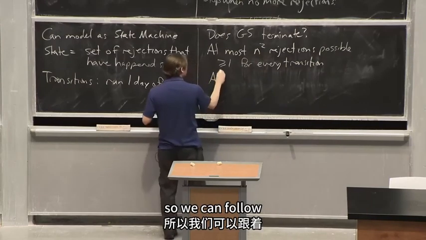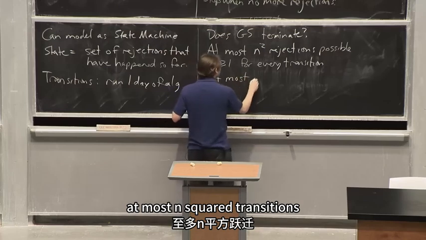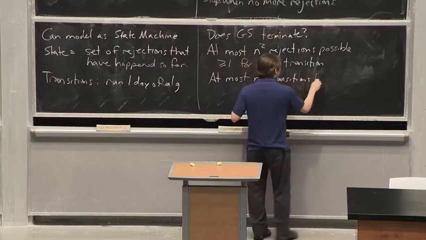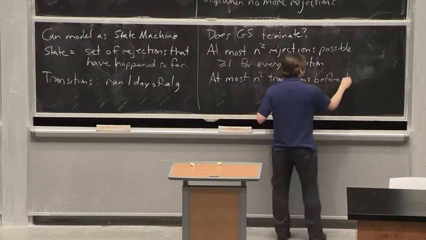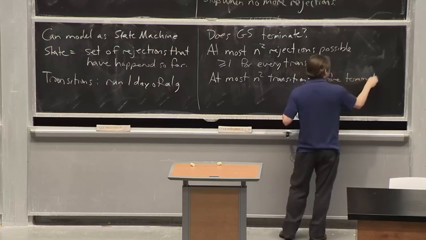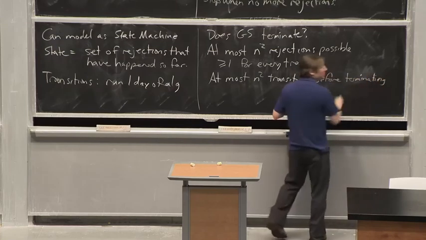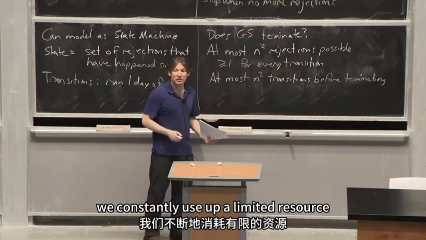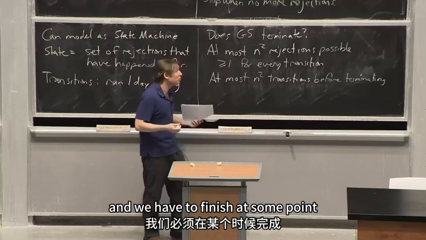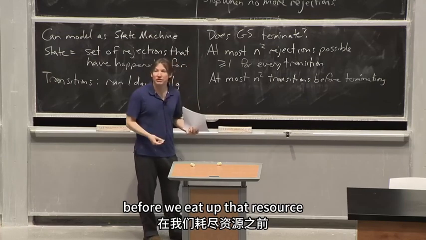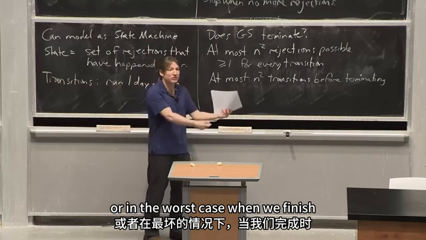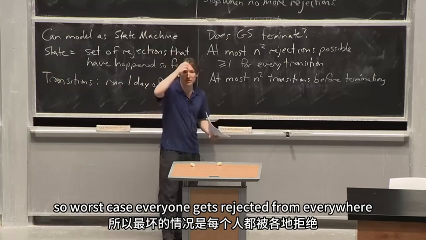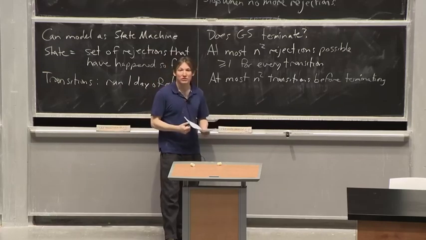So we can follow at most n squared transitions before terminating. Yeah, we terminate just because we constantly use up a limited resource. And we have to finish at some point before we eat up that resource, or in the worst case, when we finish going through all of that resource. So worst case, everyone gets rejected from everywhere, and then we stop.